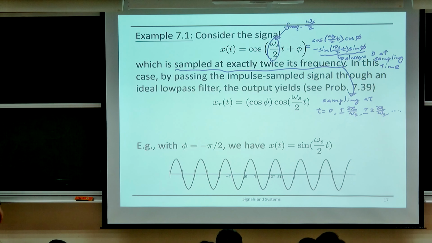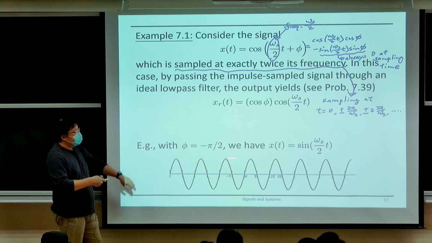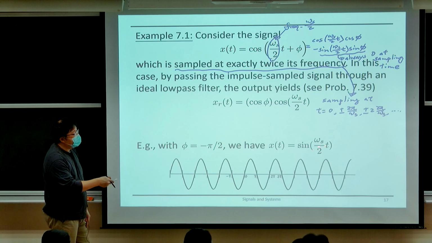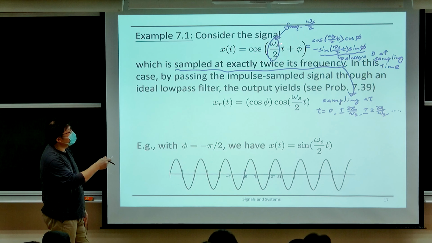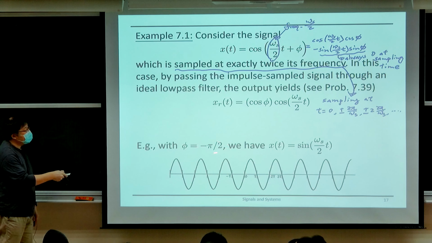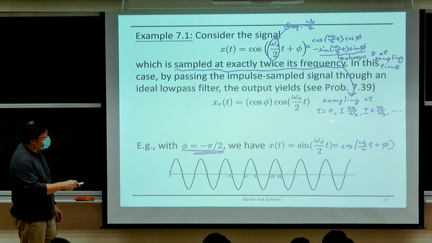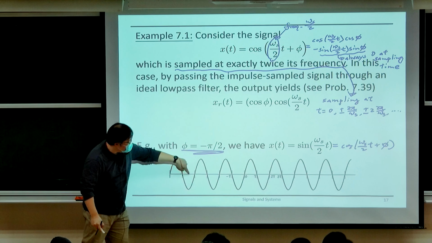So this is an extreme example, because x of t equal to sine of omega s over 2 t is actually equal to cosine of omega s over 2 t plus a phase that is minus pi over 2. And in this case, if you sample at these points, you're actually sampling at all these 0 points.